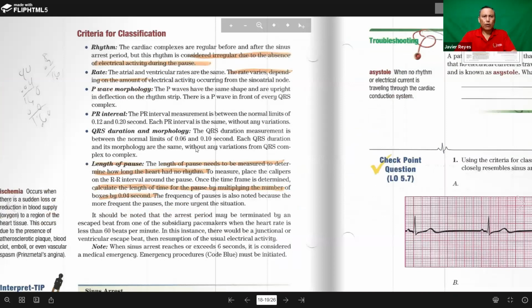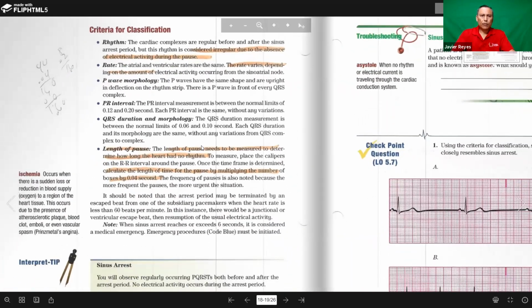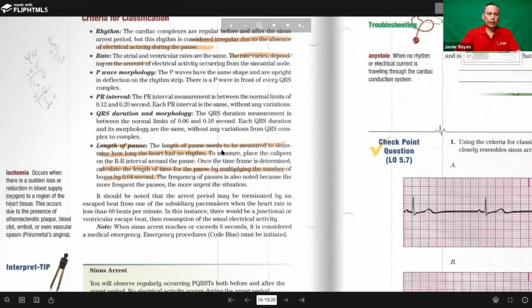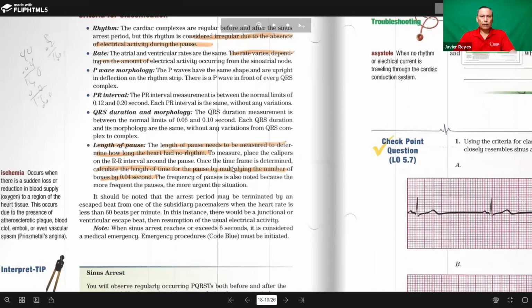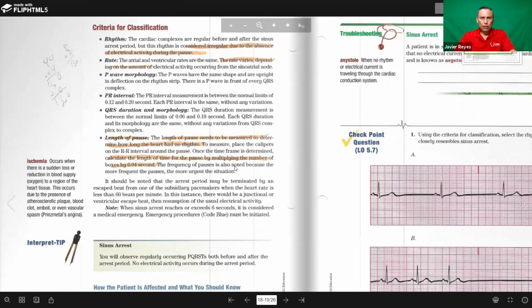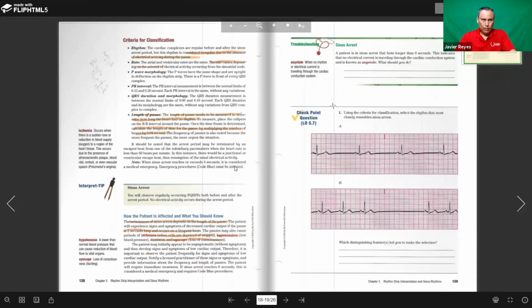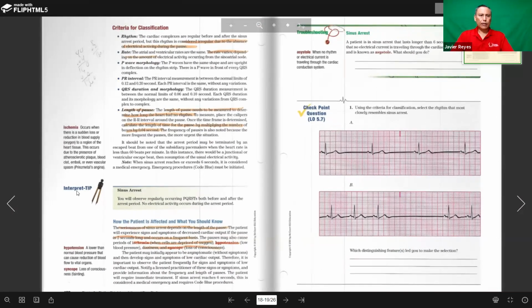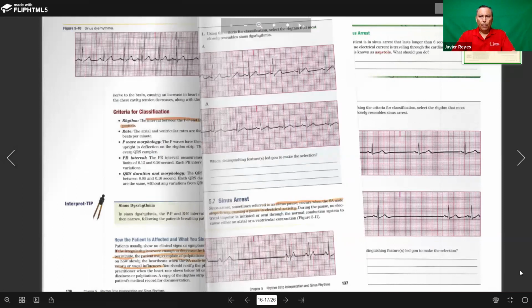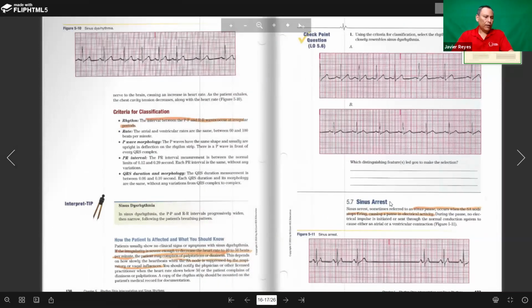So the next one is called sinus arrest. Oh, actually, it's on the last page. It starts right here. Sinus arrest or a pause. We call it sinus arrest or sinus pause.